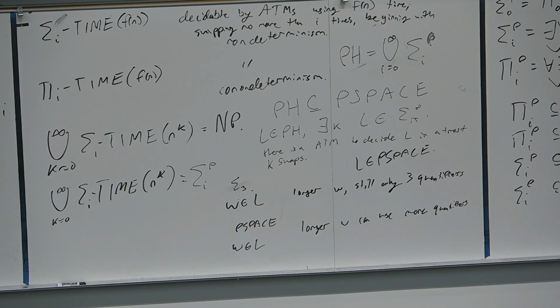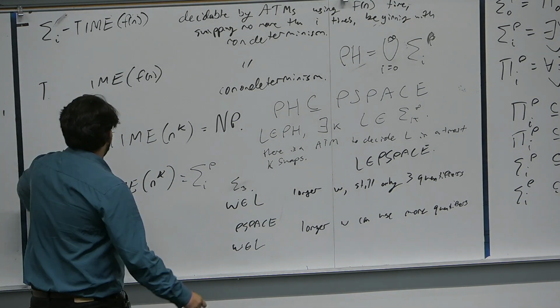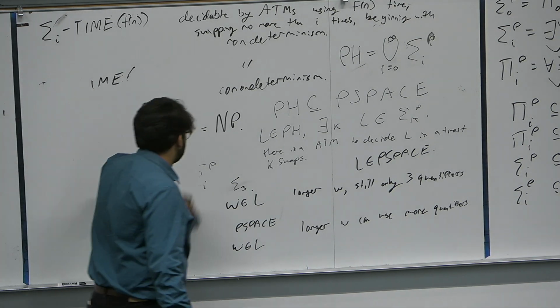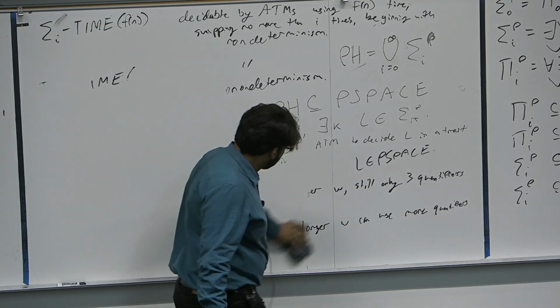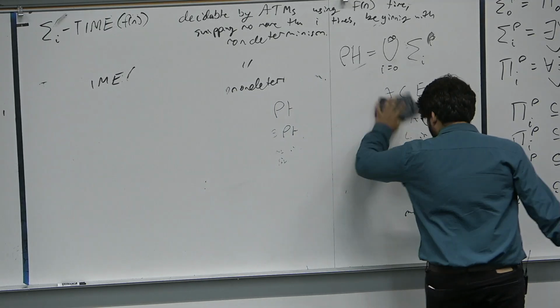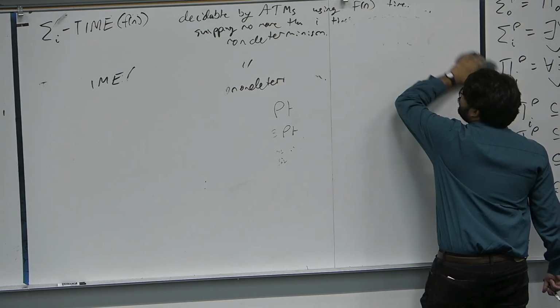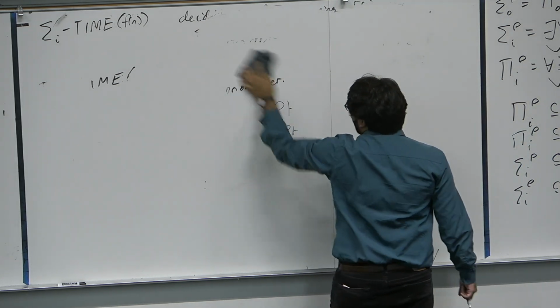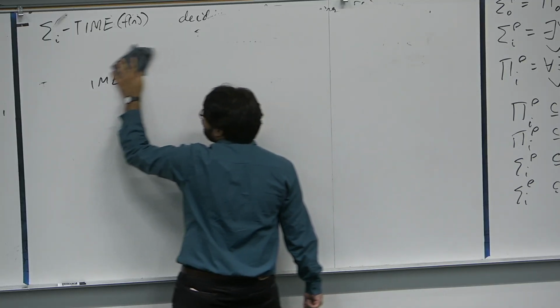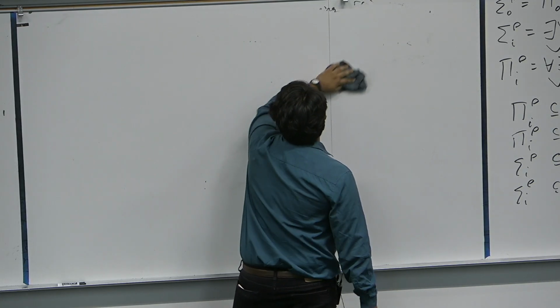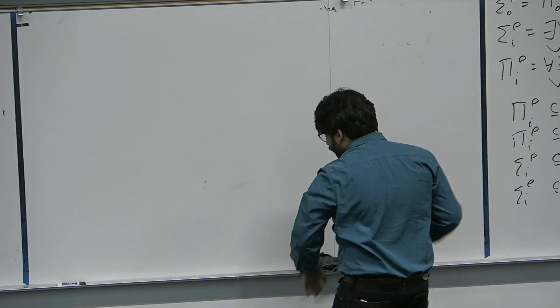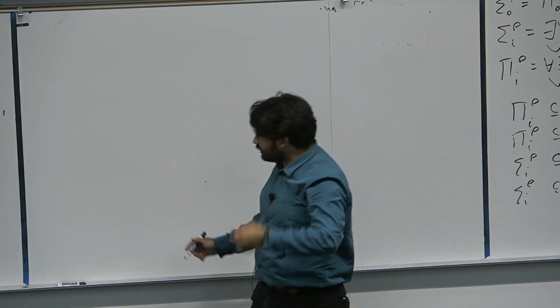So is it a real hierarchy or not? That's the next question we'll answer. Whether the polynomial hierarchy is infinite, in the sense that it is real, is an open question. But we do know that it is heavily influenced by parity.